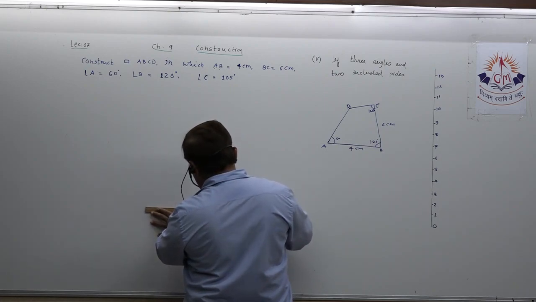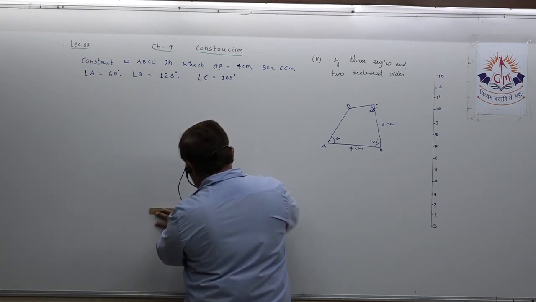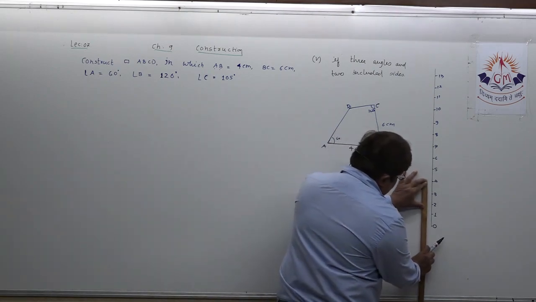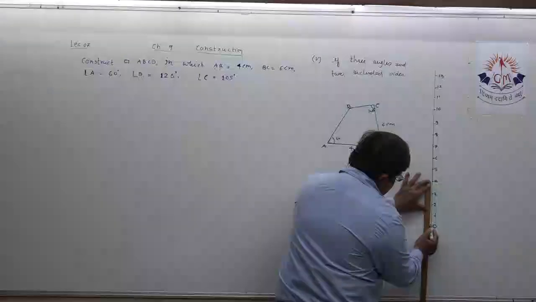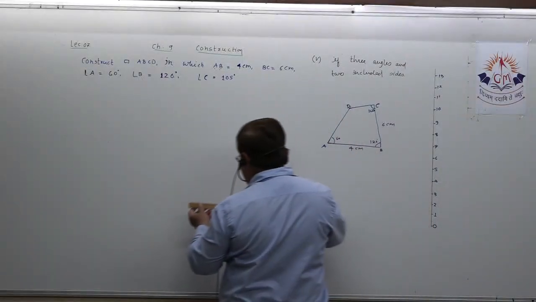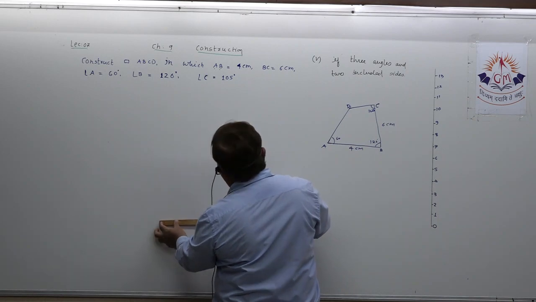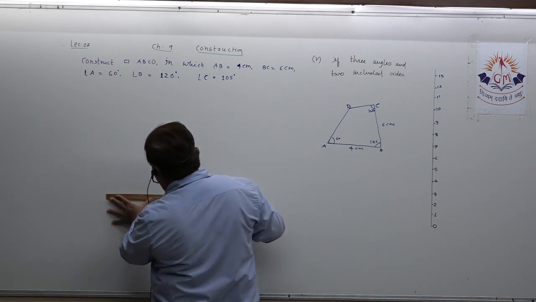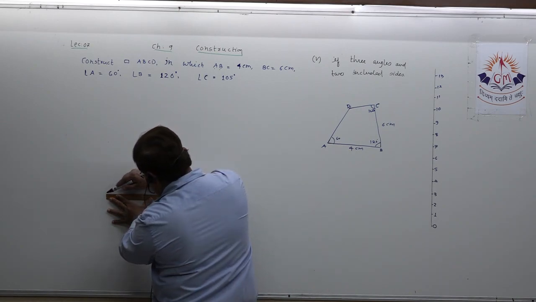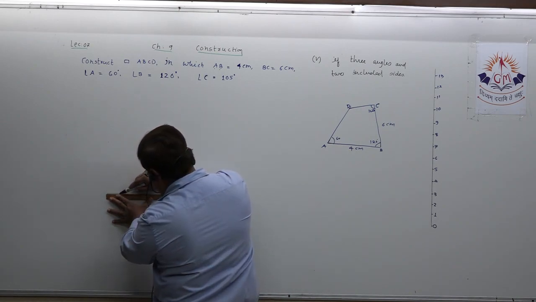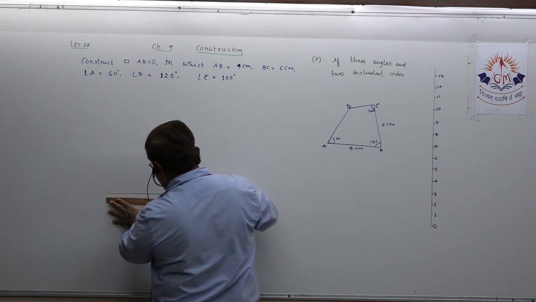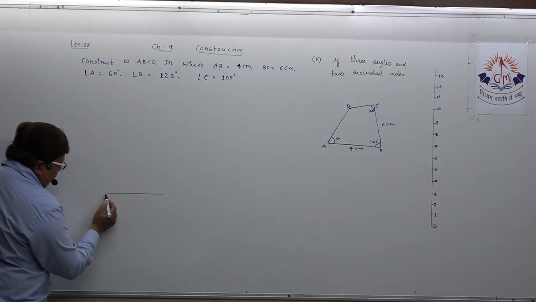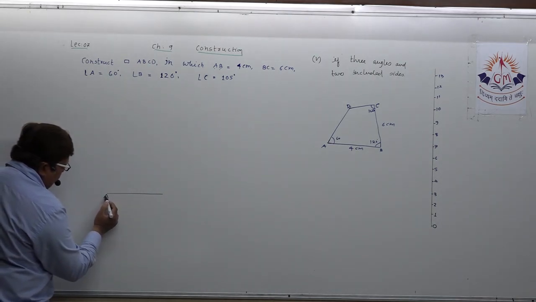Okay, please concentrate here. A line of 4 centimeter, to be more exact. I may take some marking here. Okay, 4 centimeter. Let me draw it. We are completing construction here of 4 centimeter. Let me call it AB.